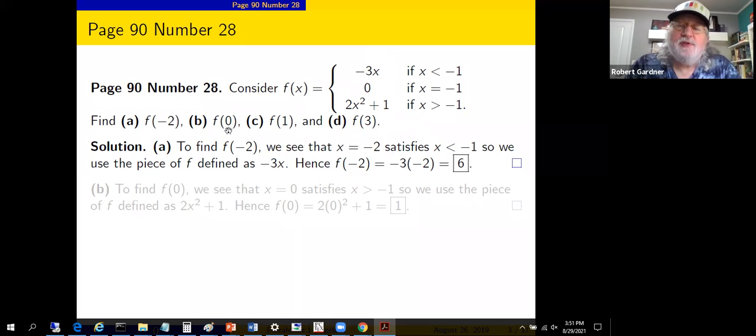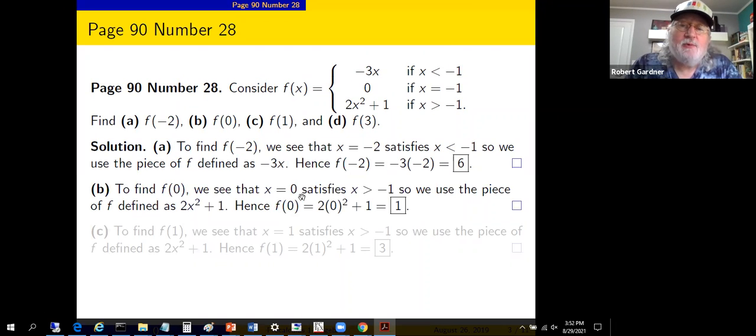0. Which piece are you going to plug 0 into? There's a 0 right there. Yeah, but no, that's a function value. That's a y value, not an x value. x values are discussed over here. You're inputting 0 when x equals 0. How does it relate to the information on the right? 0 is greater than -1. It's this one.